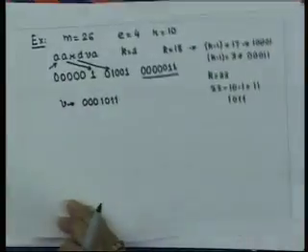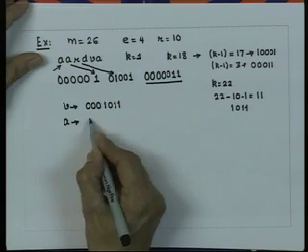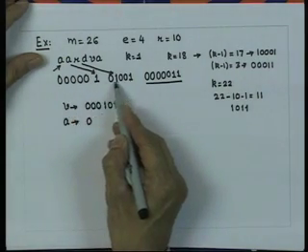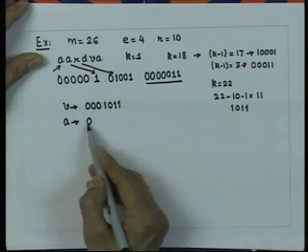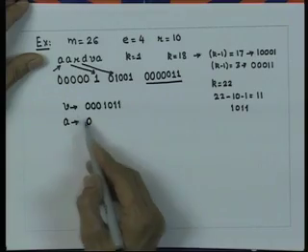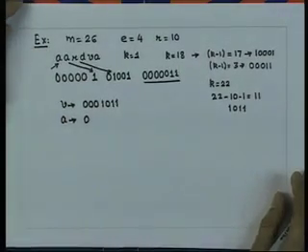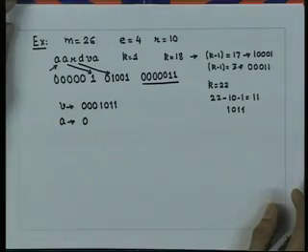So, the code word for the letter A would be 0. So, if we concatenate all these binary digits, we will get the code for this sequence AARDVA.